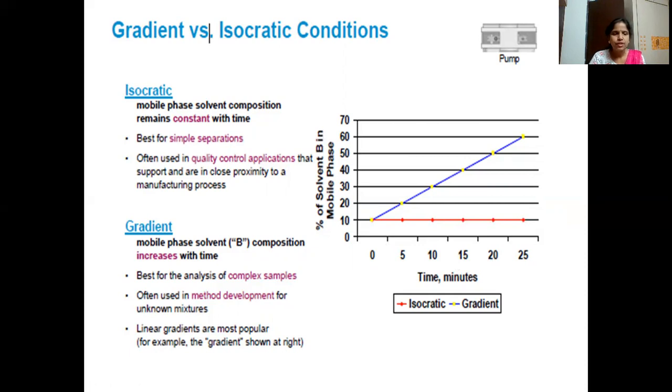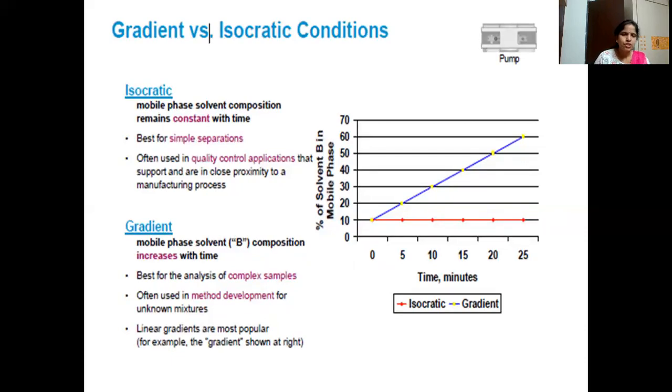Whereas in gradient, suppose A and B are there, the B composition is increasing with time. Even in the graph, you can see the blue colored line, the composition of the B component is increasing with time. This change in composition of the mobile phase can be achieved by the gradient method. This method is mainly used for analysis of complex samples. If the sample has more components, then we need to separate all the components.